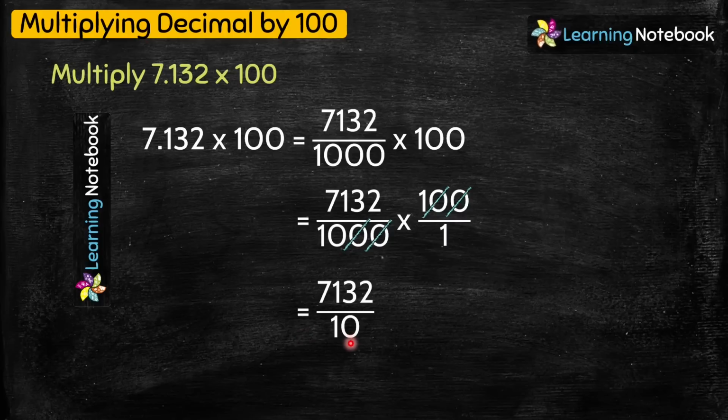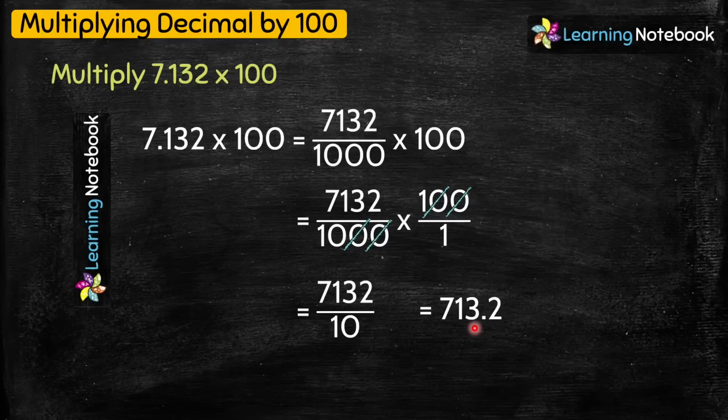Again, let's convert this into a decimal now. There is only 1 zero in the denominator. So we will place the decimal point after 1 decimal place. So the answer is 713.2.